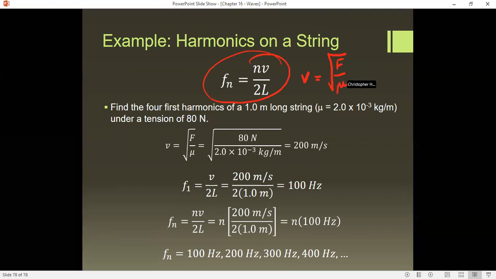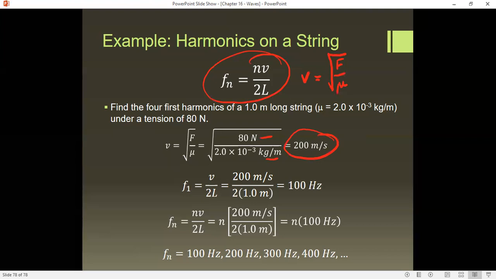So 80 divided by 2.0 times 10 to the minus 3 is going to give me 40 times 10 to the third, which is basically 4 times 10 to the fourth. Take the square root of that, and we get a nice number, 200 meters per second.